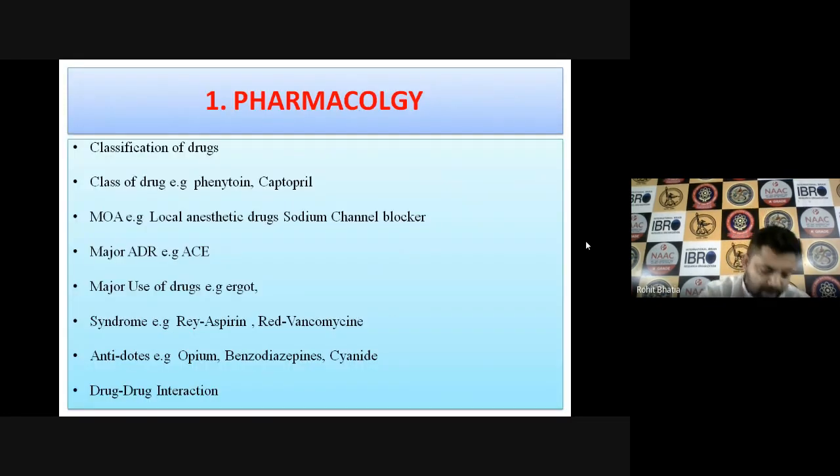If we talk about pharmacology, what should be learned, or what are the important topics? Here: classification of drugs, class of drugs, mechanism of action of drugs, major adverse drug reactions associated with the different classes of drugs, major pharmacological uses of the drugs, various syndromes associated with the drugs, antidotes for poisoning drugs, and drug-drug interactions.